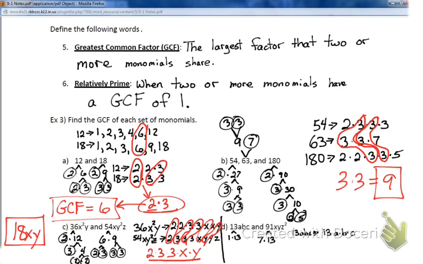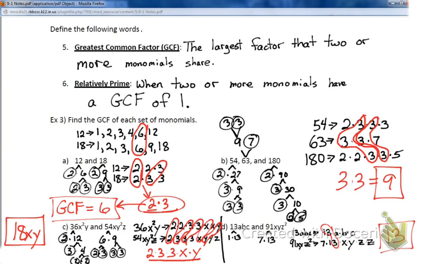And then 91xyz squared will be 7 times 13 times x times y times z. And we look to see what they have in common. Obviously they have this 13 in common, and that's it. They don't have any variables in common, so the GCF for those two monomials is just 13.